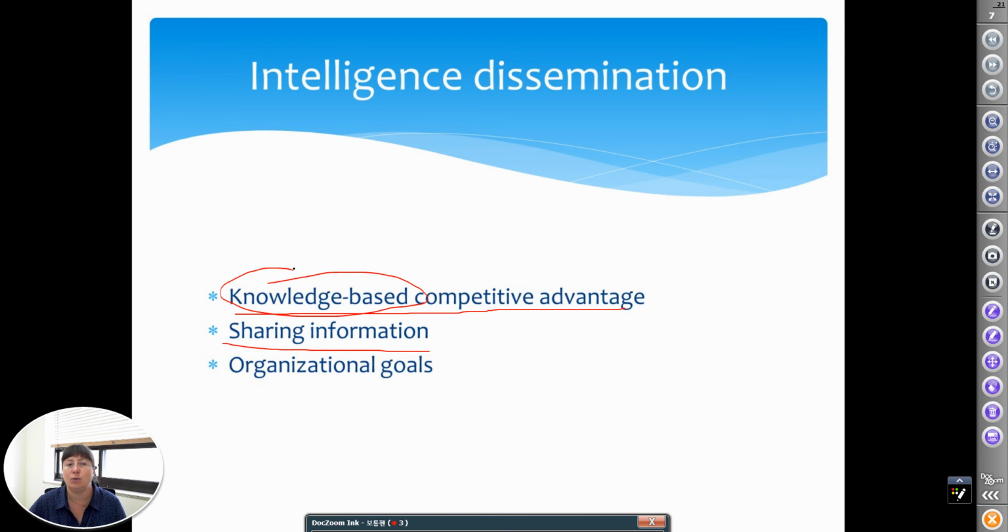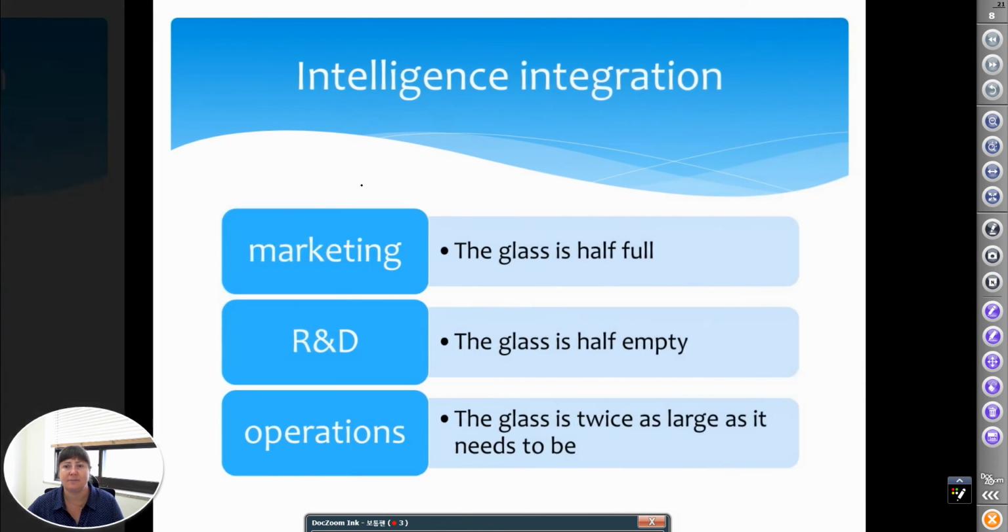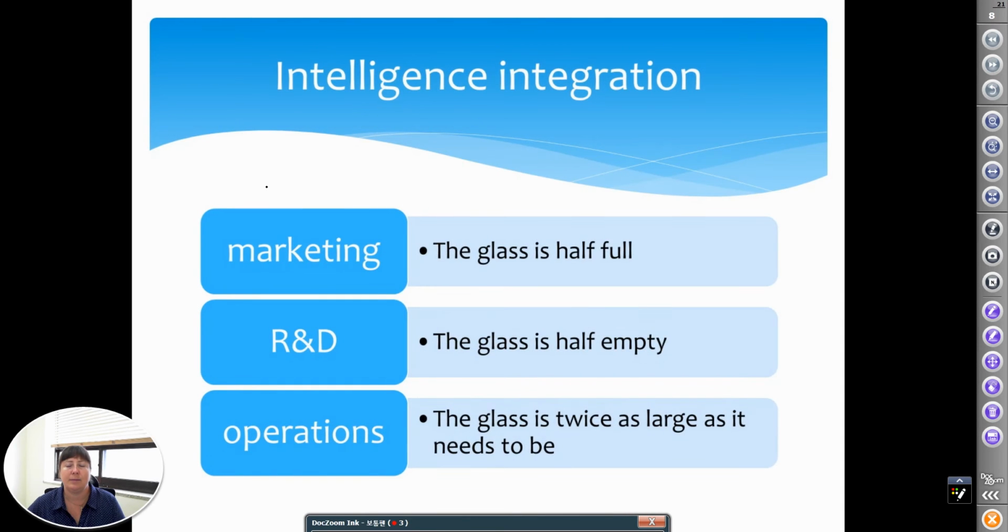But when we are speaking about the high-tech company, we should recognize that the task for us to provide this intelligent dissemination. So that's why we have to set up right organizational goals. What else? The third dimension of the interaction between research, development, and marketing, intelligence integration.